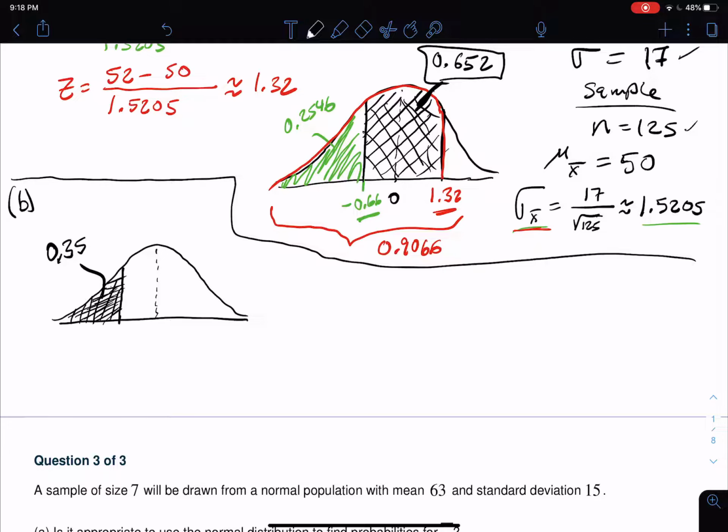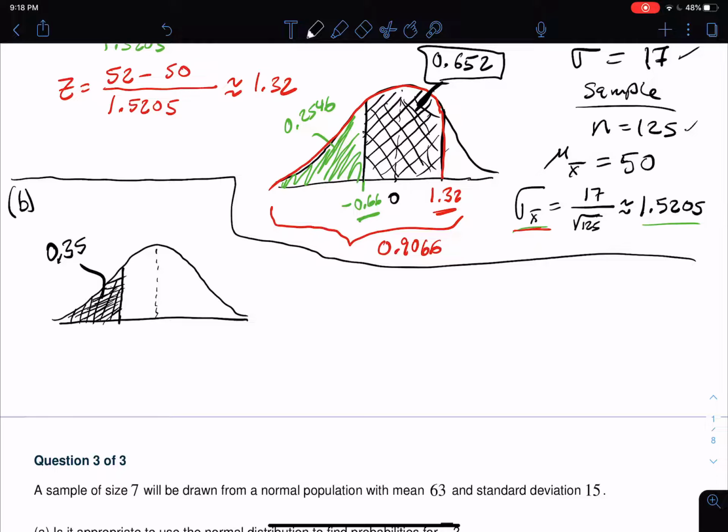Okay, so what I'd like to have here is the x bar that belongs there, right? And this right here is the mean of the x bars. So I'd like to know the x bars, but that's not going to show up on my z-table. So that's a little too positive thinking there, right? We're not going to get there that fast.